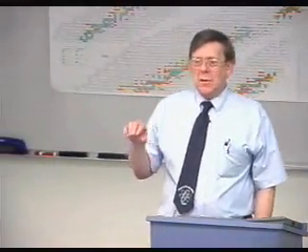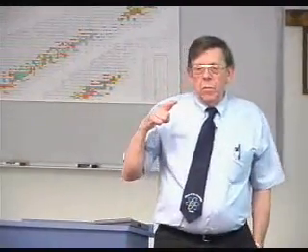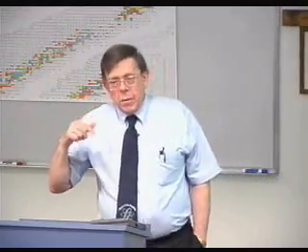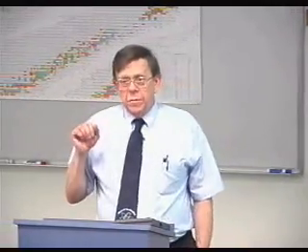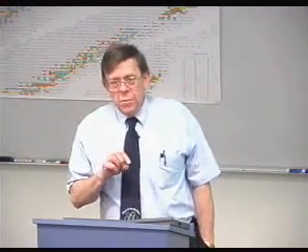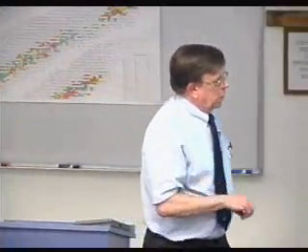I don't think you can see this. I don't intend you to be able to read it. But this is a current chart of the nuclides. I wanted to point out that without what Irene Curie and her husband had done with artificial radioactivity, we wouldn't have been able to fill in the chart of the nuclides.